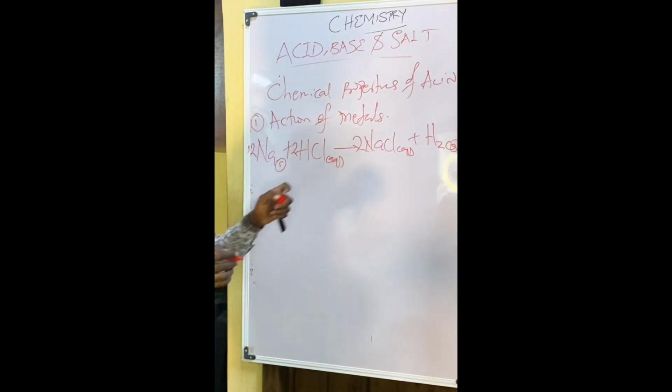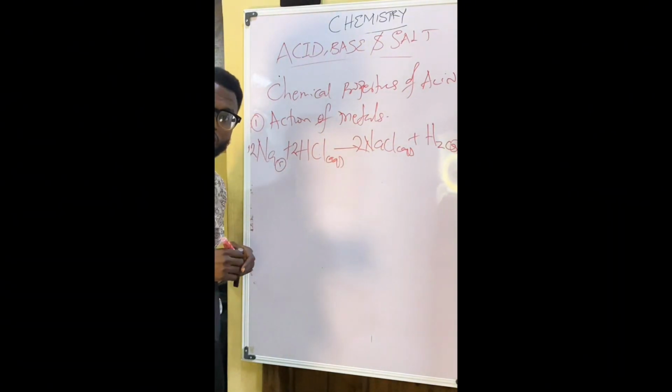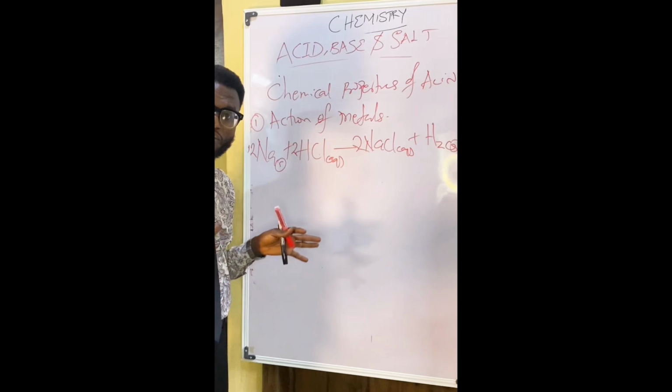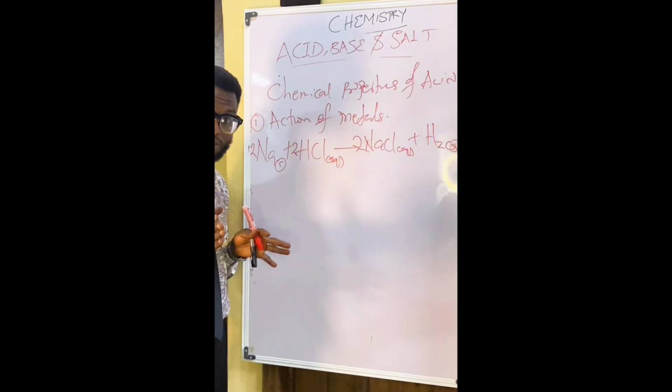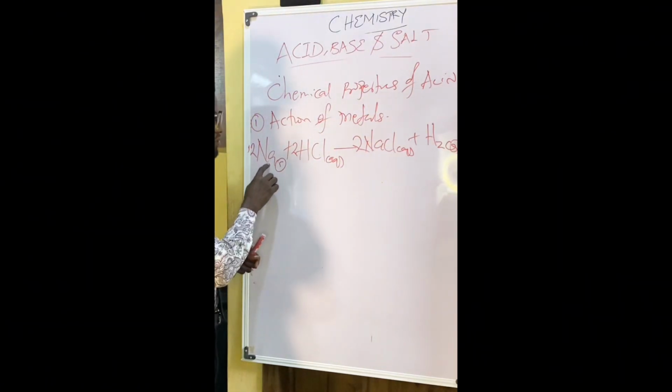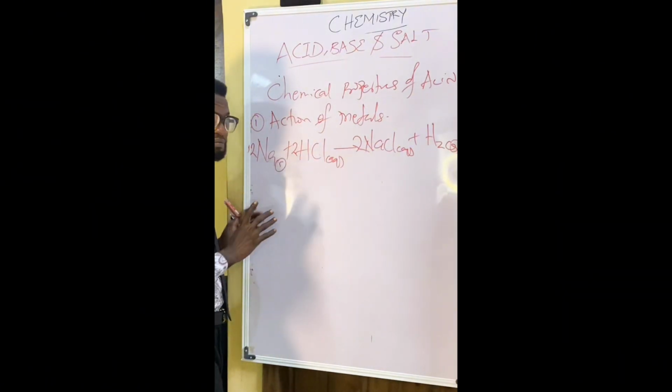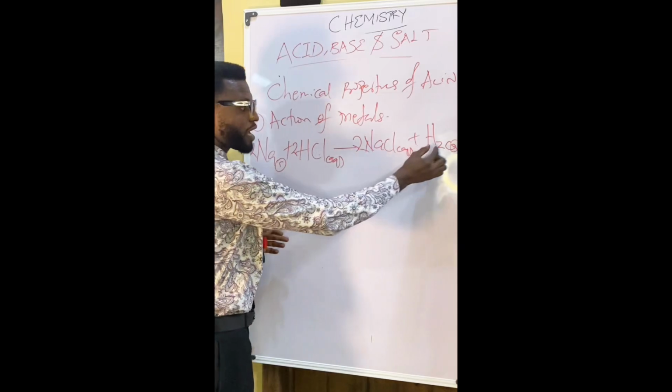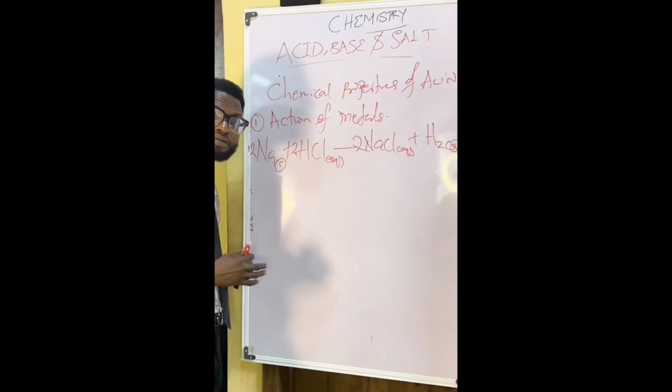Sodium 2, balance the equation so as to conform to the law of mass conservation, or law of indestructibility of matter, or law of conservation of energy. So sodium 2 atoms of sodium balanced, hydrogen 2, hydrogen 2, chlorine 2, chlorine 2.